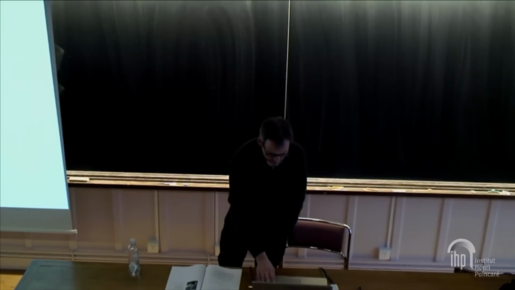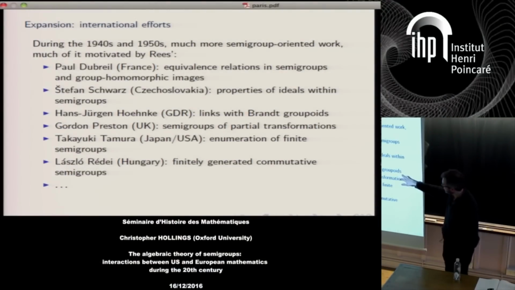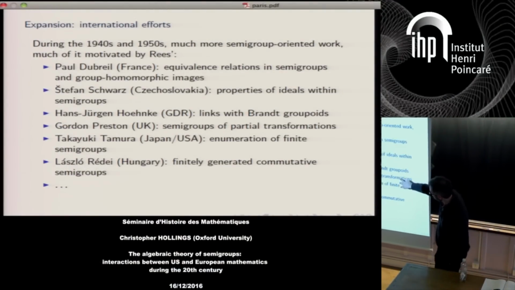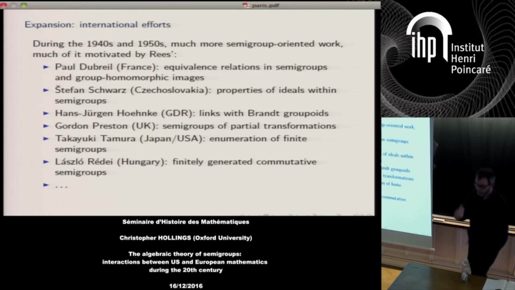I did mention Brandt groupoids at one point without really explaining it. So, systems with partial operations. So very occasionally that comes in. But yeah, all of these people were very much semigroup focused.